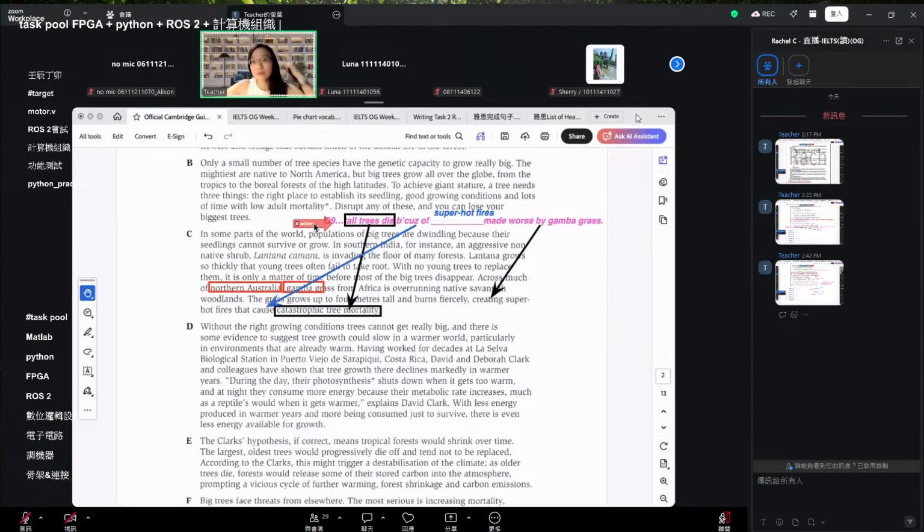Now, just a quick story: the last time there was a student from Indonesia, and she was explaining to me that she wanted to know why she was deducted one point in the reading part. The question asked students to write down no more than 2 words. She tried to write down rooms, and she thought that writing 1 word is still under the limit of no more than 2 words.